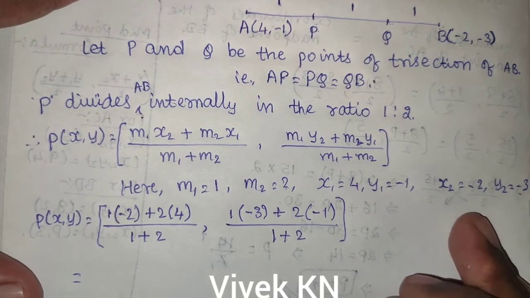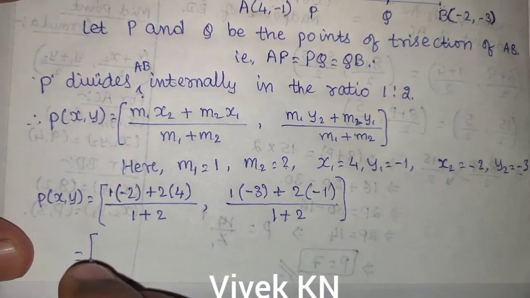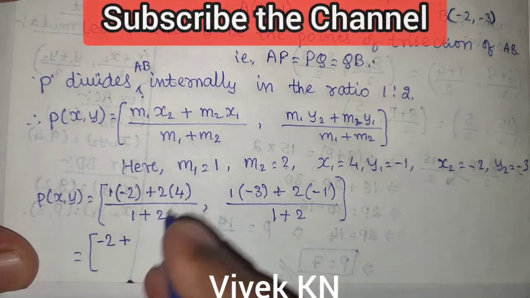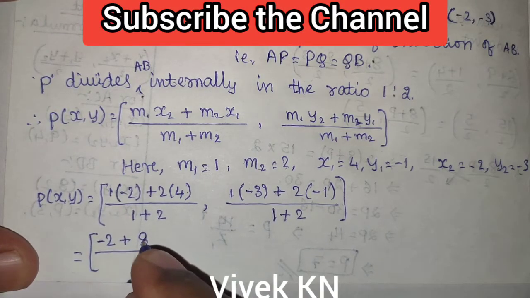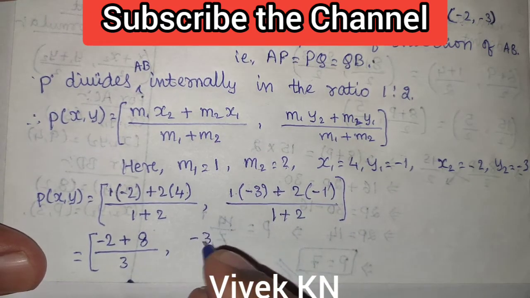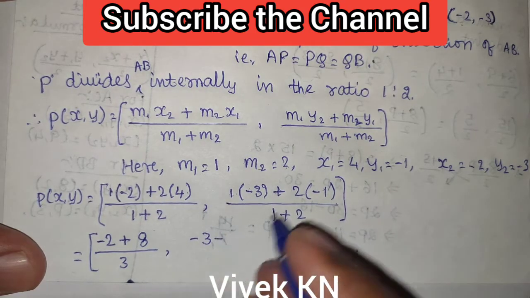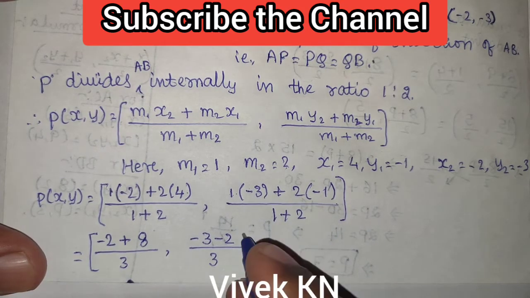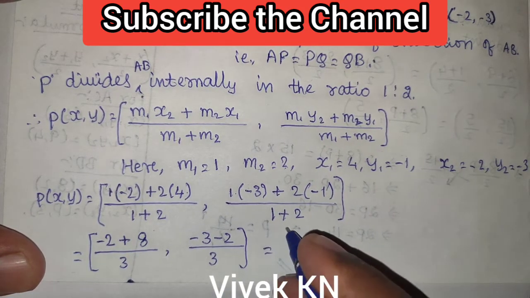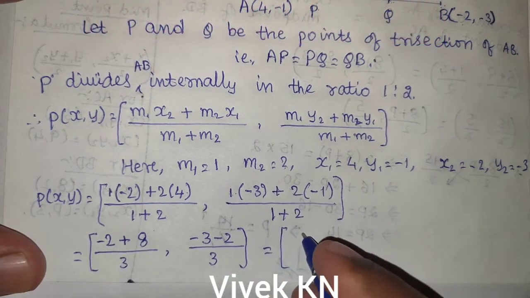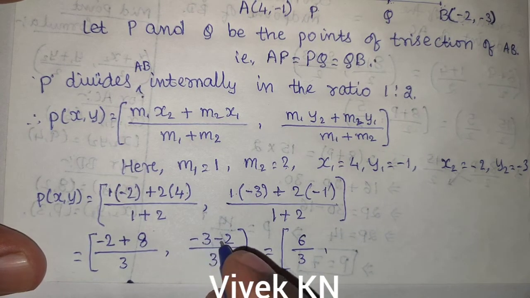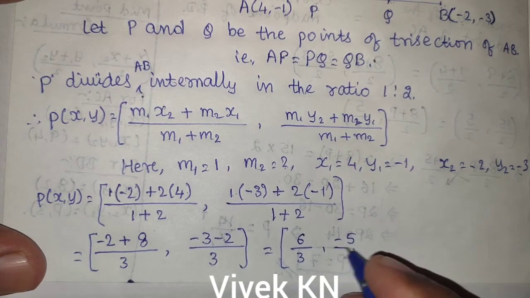Which is equal to 1 into minus 2 is minus 2 plus 2 4s are 8, divided by 1 plus 2 is 3, comma, 1 into minus 3 is minus 3, plus 2 into minus 1 is minus 2, divided by 1 plus 2 is 3, which is equal to 8 minus 2 is 6 divided by 3, comma, minus 3 minus 2 is minus 5 divided by 3.